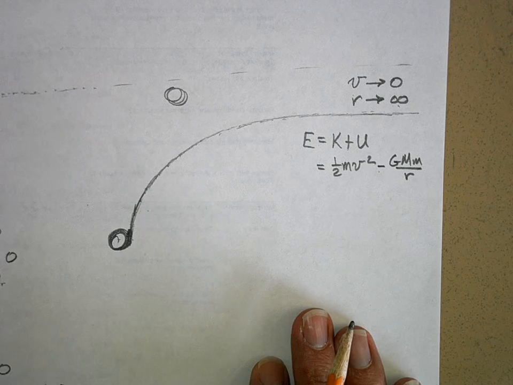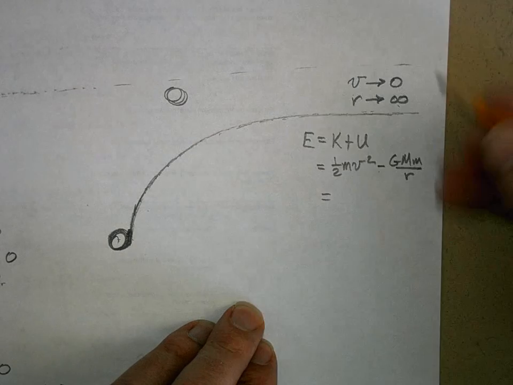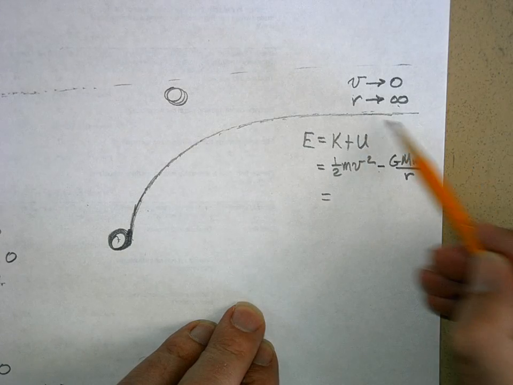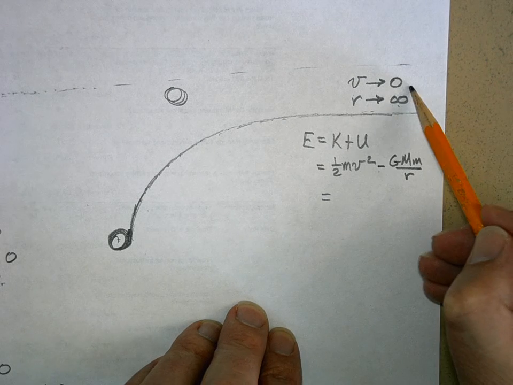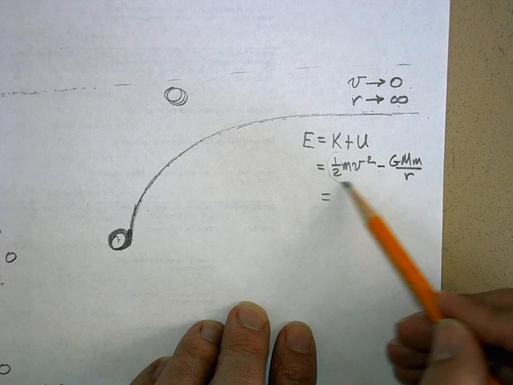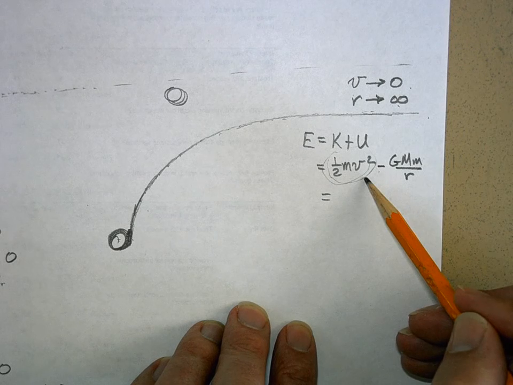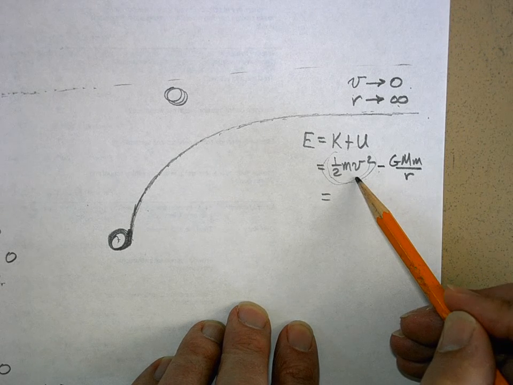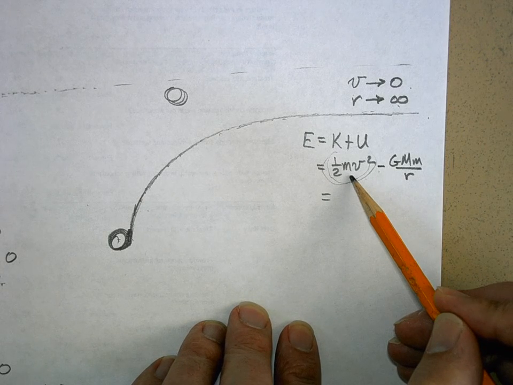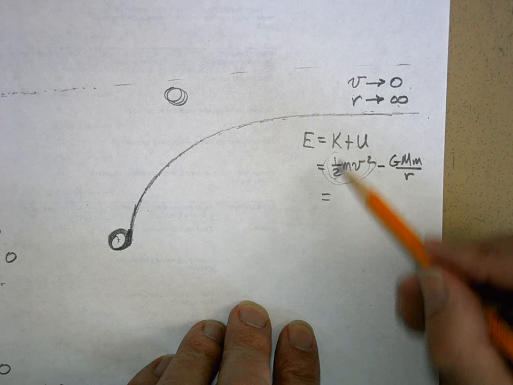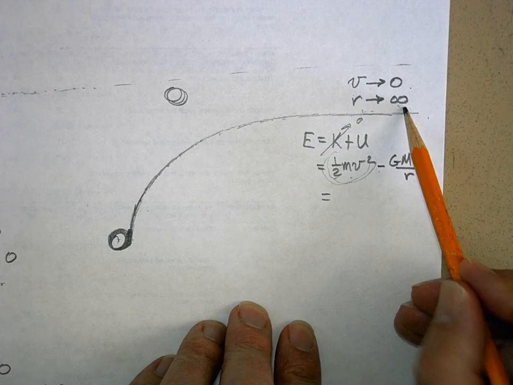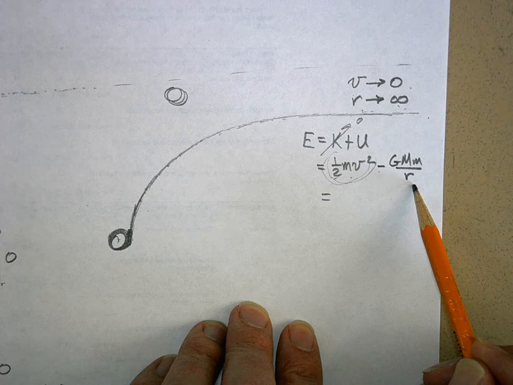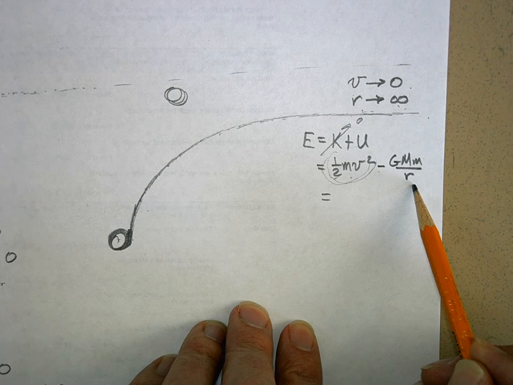Well, what is this equal to if I go really, really far away, then velocity is approaching zero. Well, if velocity is approaching zero, what is this going to? 1/2 mv squared. If the velocity is going to zero, this is going to zero, yes? So our kinetic energy is going to zero. And as r goes to infinity, what happens when you divide by something that's going to infinity? You remember from calculus?